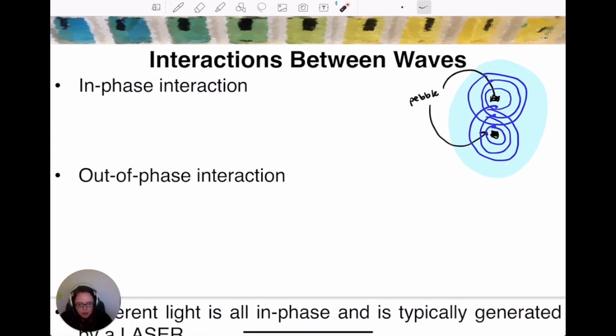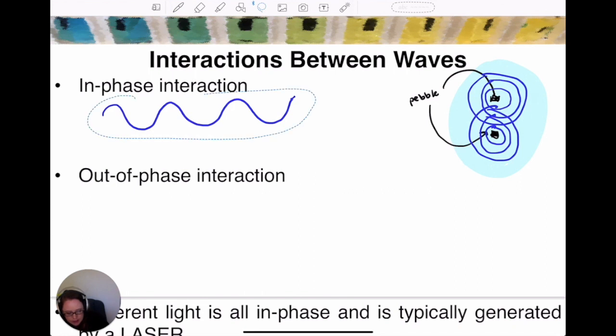There are two options. You could have an in-phase or out-of-phase interaction. If the two waves or ripples interact completely in phase, that means you have two identical waves, with exactly the same wavelength and the same frequency, moving at the same speed.